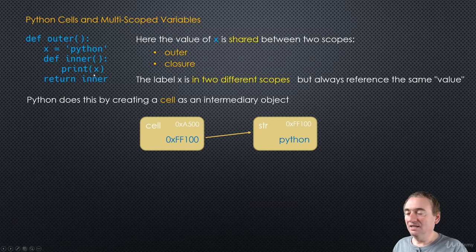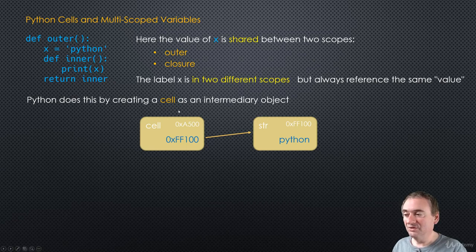So what happens is that under normal circumstances, if we didn't have inner and print x here, right? If we just had def outer x equals Python return x, for example, then what would happen is that x would be a pointer directly to this object here in memory, the string object. However, here, because we have a closure, because we have a shared variable, right, between two different scopes, Python sees that and says, oh, okay, I need to do something special here.